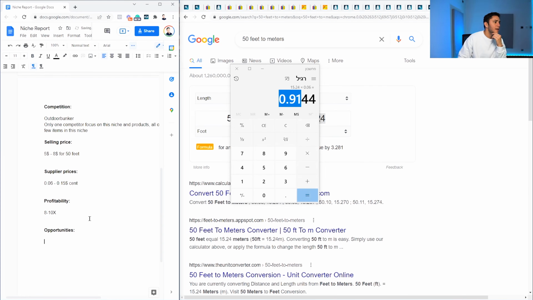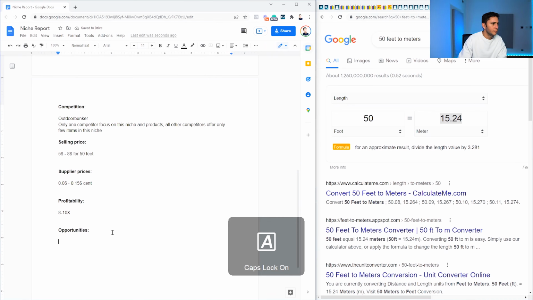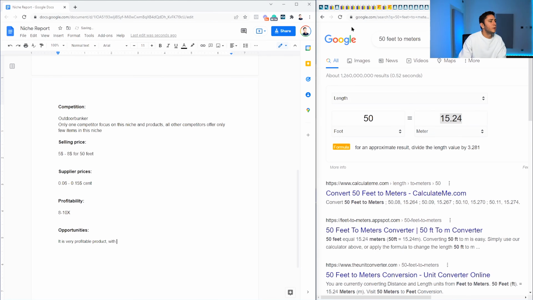It's good, right? And what is the opportunity? Let's sum up the opportunity, guys. It is a very profitable product, with only one competitor who focuses on the niche.